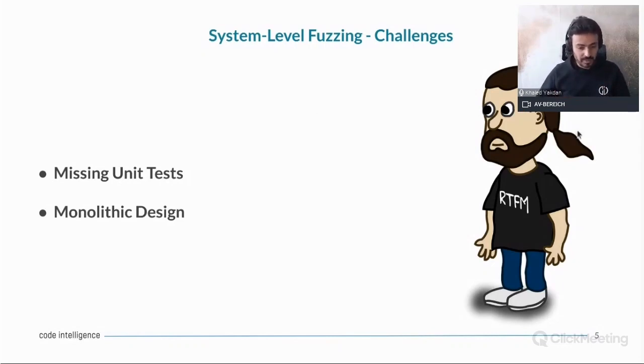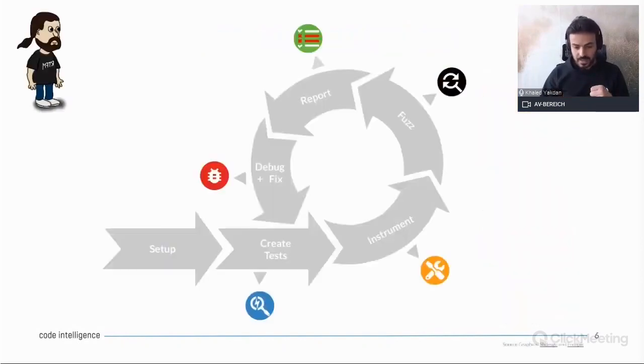Here you have these two challenges: you don't have unit tests, and you have a monolithic design. In order to set up fuzzing for these kinds of projects, or setting up fuzzing on a system level, we have the exact same workflow: from the setup to creating the test, instrumenting, fuzzing, report, and fixing the bugs.